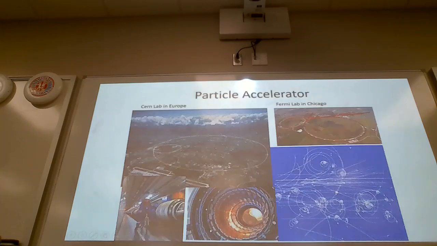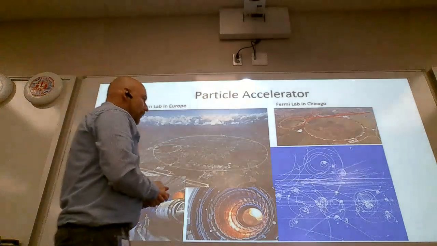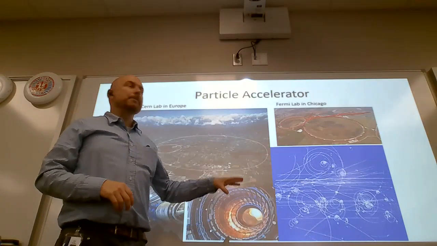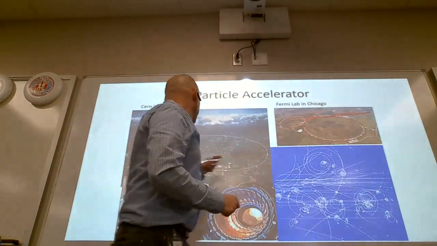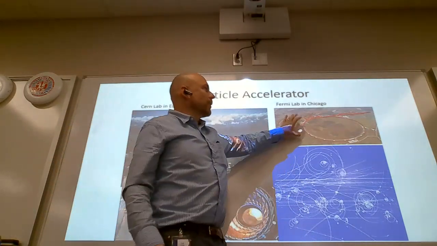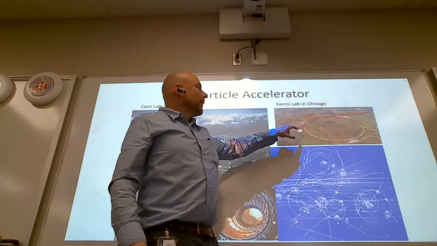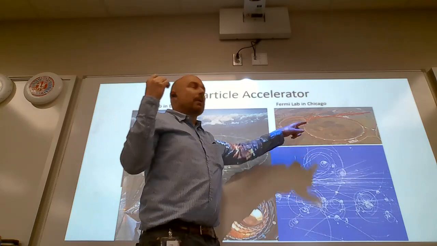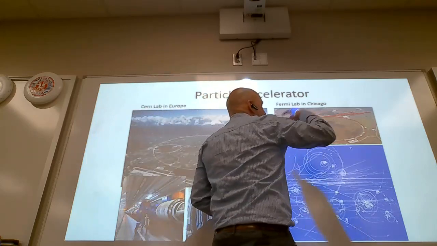Okay. So some applications of this. One is a particle accelerator. This is like a subatomic demolition derby. So what they do is they have these crazy electromagnets, and this is actually in Chicago. It's called the Fermilab. They get a proton and they get it moving.